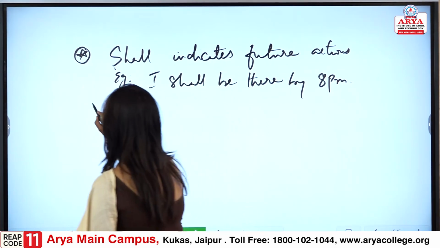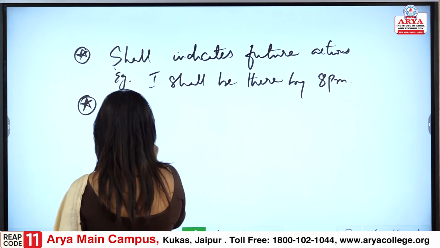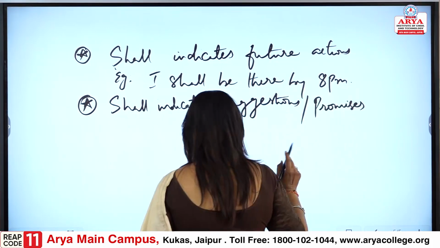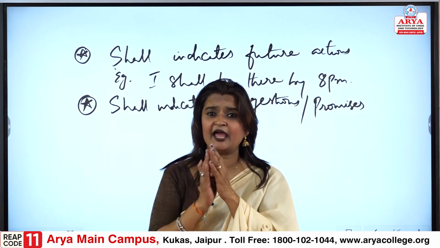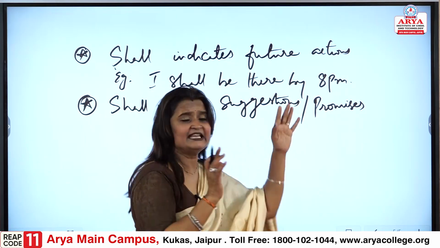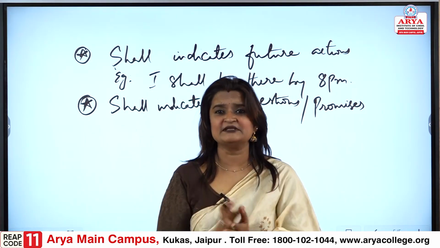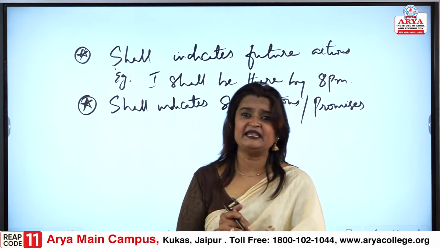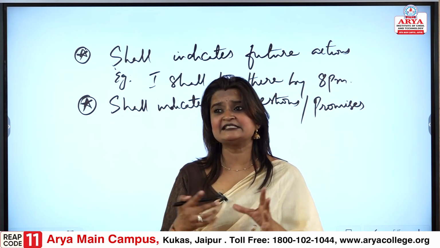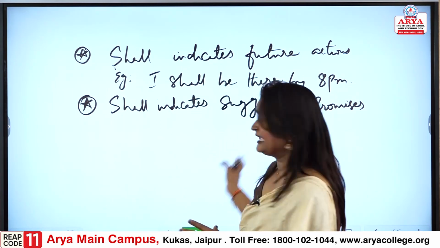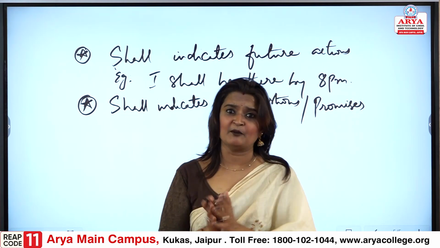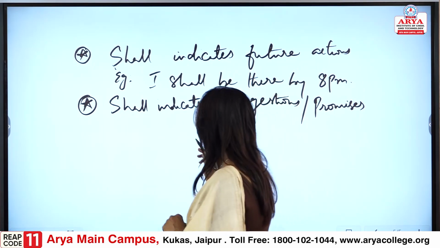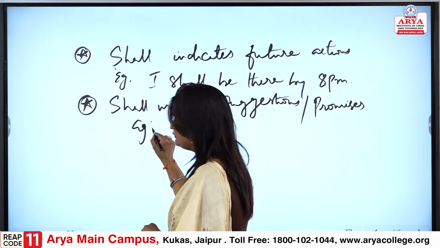Okay, the next point we are looking at is that shall indicates suggestions and promises. Over here shall indicates suggestions and promises, like even in the earlier sentences, the commitment and all that we were speaking about, promises, commitments, it is the same thing. Now let's see an example of this.